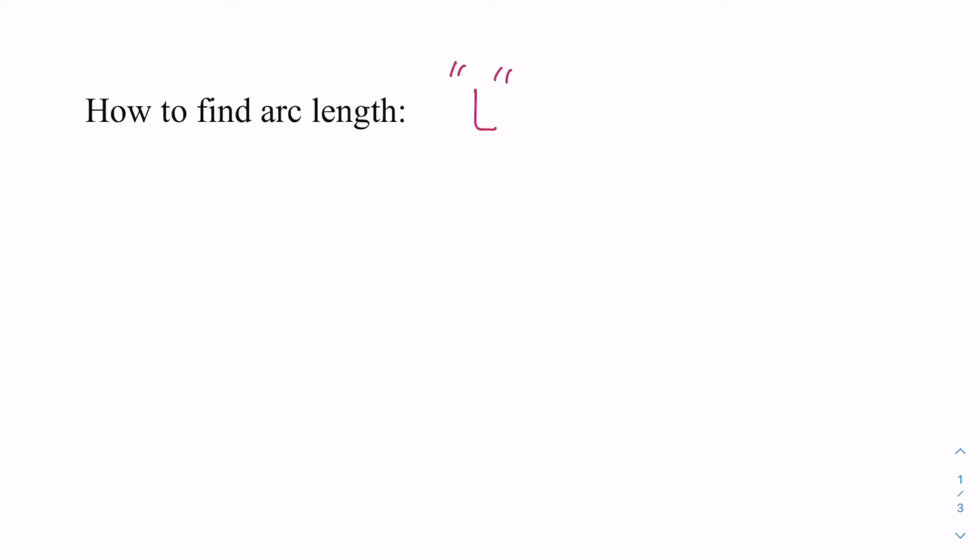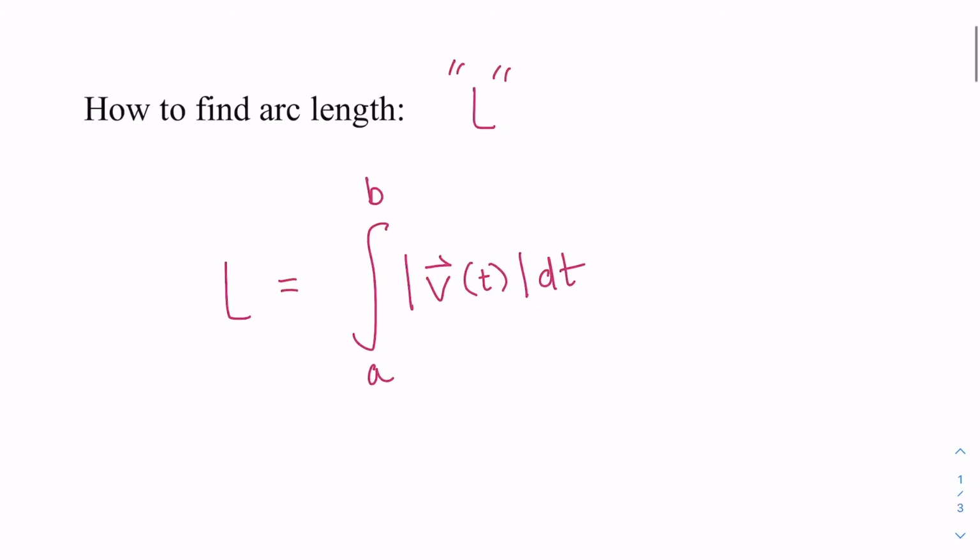The formula is arc length is equal to the integral from a to b of the magnitude of the velocity function dt. These bounds on the integral, a and b, are just values of t, so your initial and final t values that correspond to the points you're trying to find the arc length between.